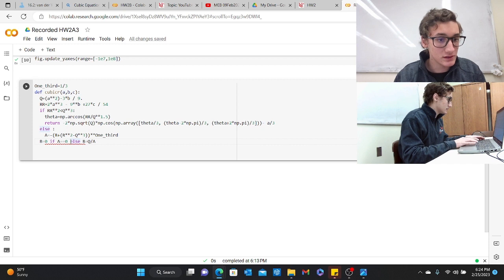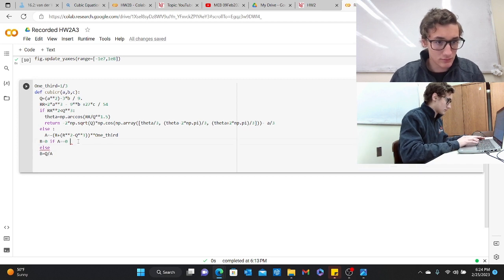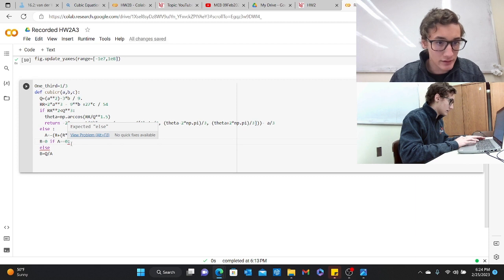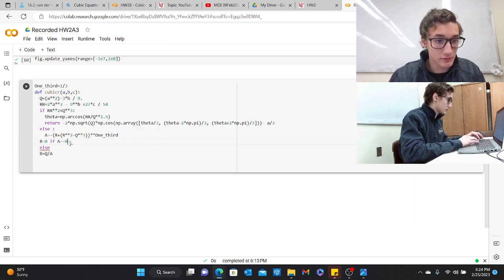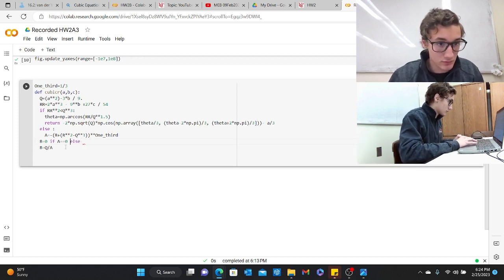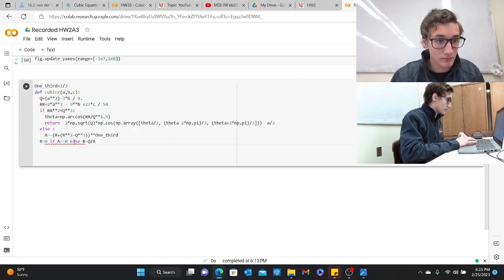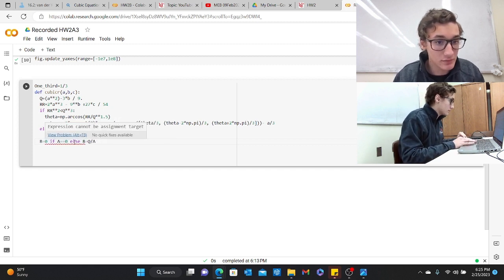Okay, let's see if this works. Oh, it expects an else. Expected else, okay. So, let's see what it wants. Else. This is expected expression. It says expression cannot be assignment target.